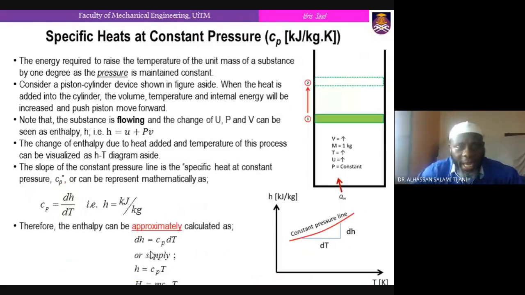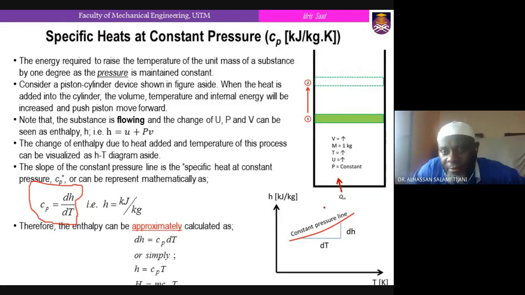Okay, and the next is to define specific heat capacity at constant pressure. Specific heat capacity at constant pressure is also a parameter which is defined through enthalpy and temperature changes.